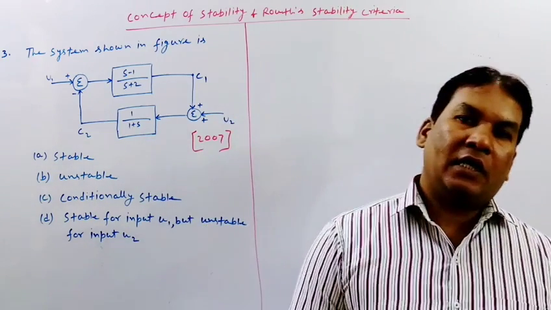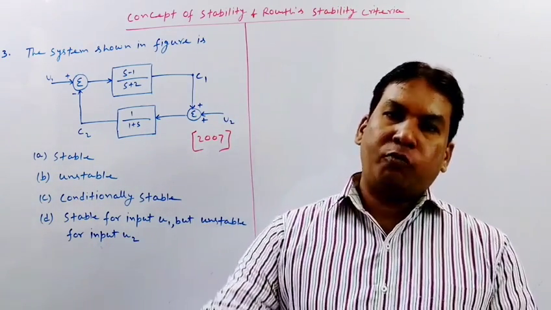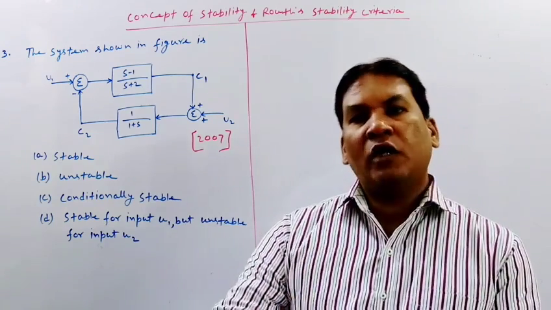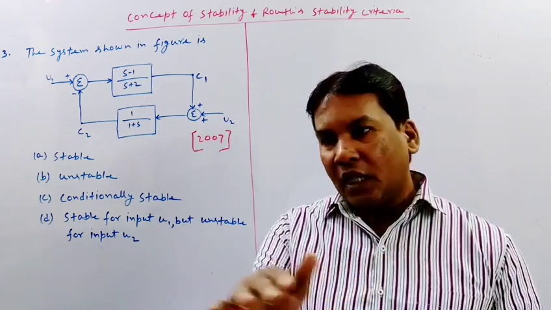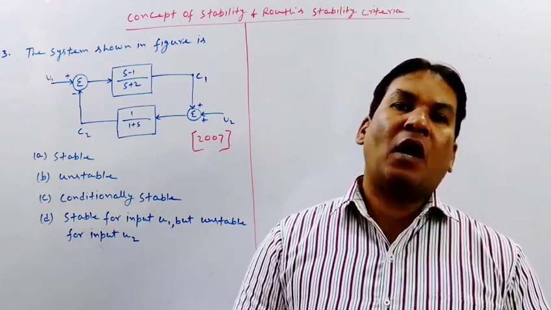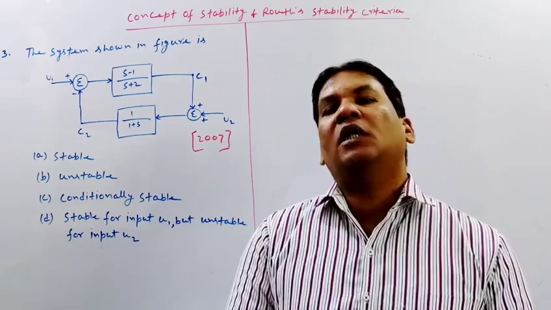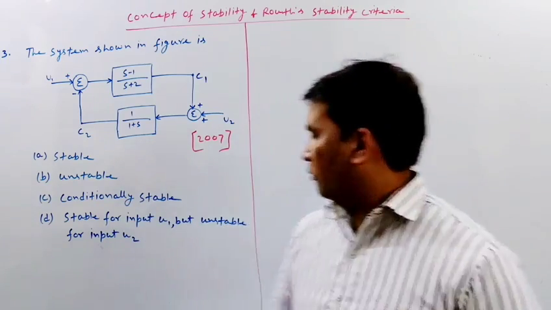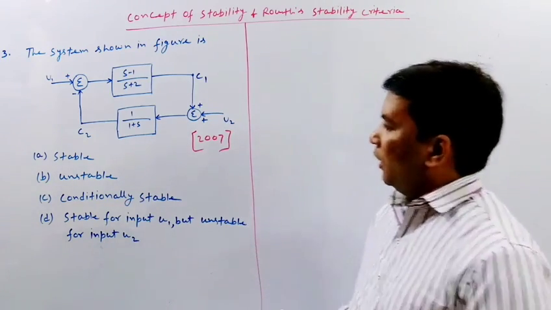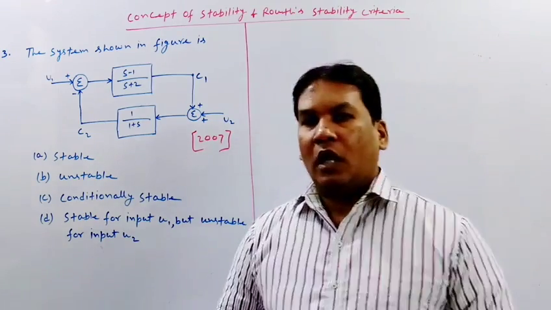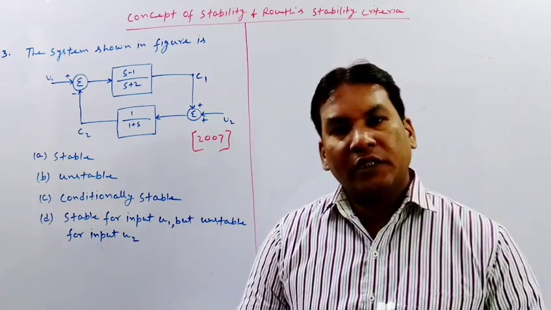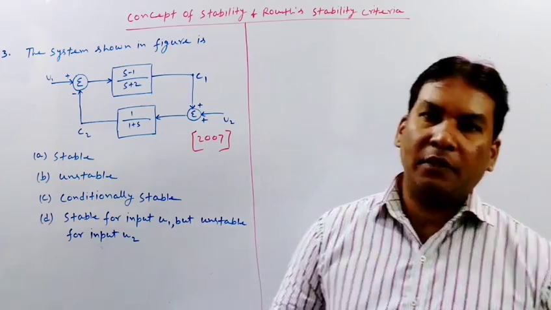Then the output is neither decreasing nor increasing, it remains the same, and hence the system is marginally stable. Neither unstable nor stable, it is marginally stable. Now I think you have understood stability, instability and marginal stability.